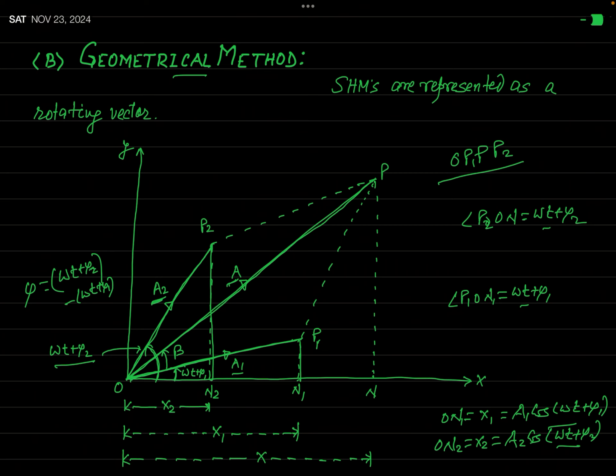So omega t will cancel and this will be simply equal to phi 2 minus phi 1. So the angle between vector A1 and A2 is phi 2 minus phi 1.